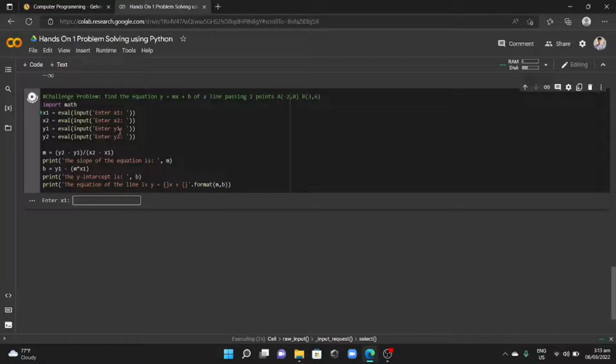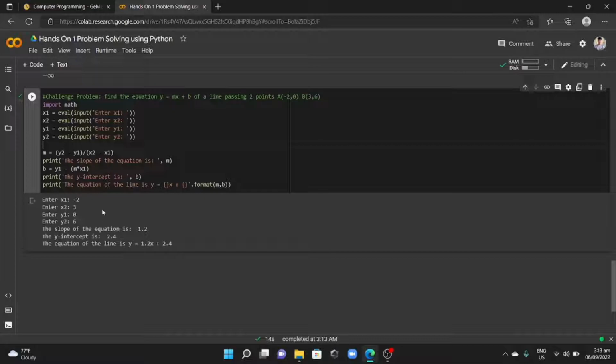Then we are going to enter x1, which is negative 2, the x2 is 3, the y1 is 0, and the y2 is 6. And there we go. We have the slope of the equation is 1.2, the y-intercept is 2.4, and the equation of the line is y is equals to 1.2x plus 2.4.